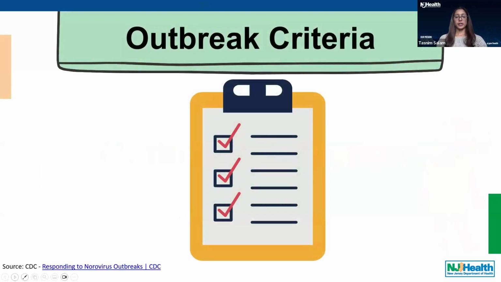Because most children or students don't get tested for norovirus, once you notify your local health department, they may decide to use CDC's norovirus outbreak criteria, which includes things like norovirus symptoms, illness duration, and other information to figure out if the outbreak was caused by norovirus or not. The link to this criteria can be found on the bottom of the slide.